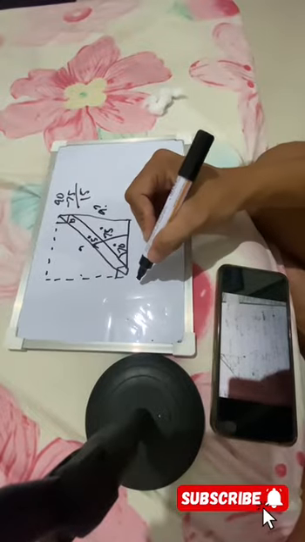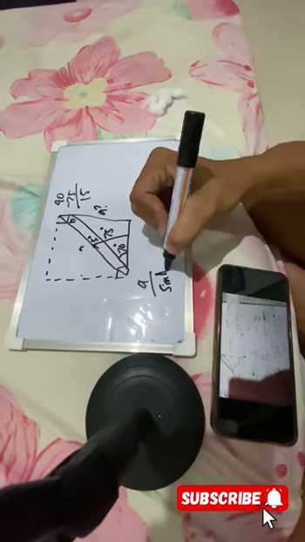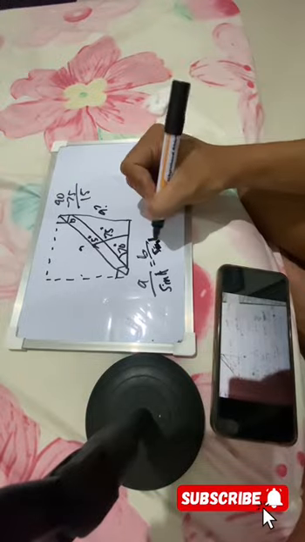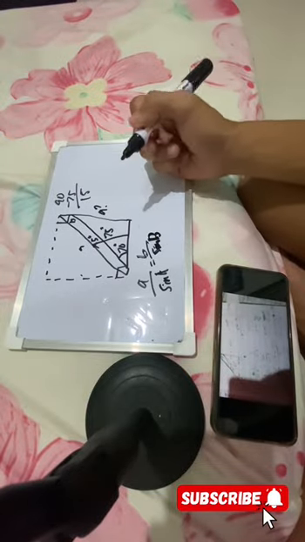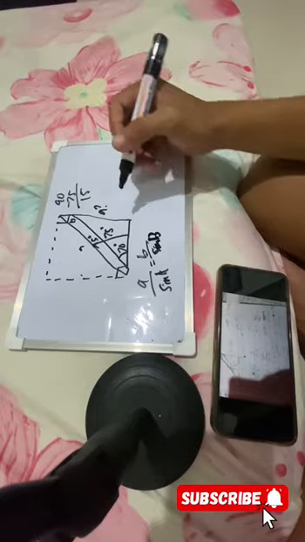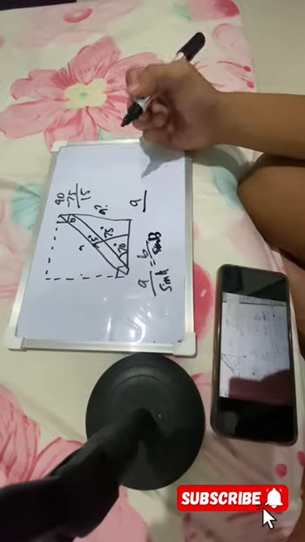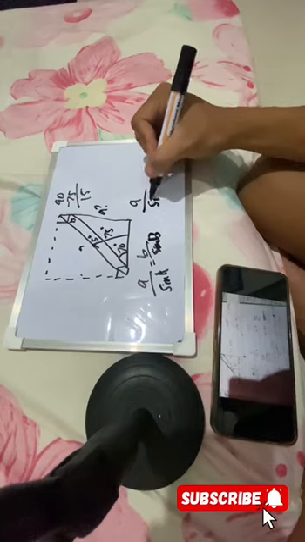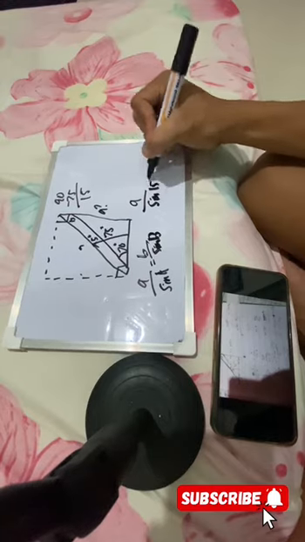A over sine A is equal to B over sine B. Substitute the values. A is the hypotenuse, sine A is sine 15 degrees.